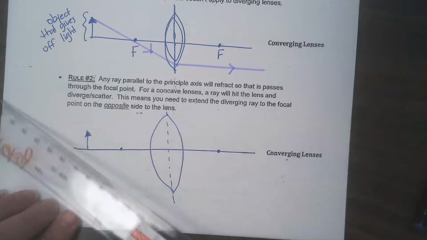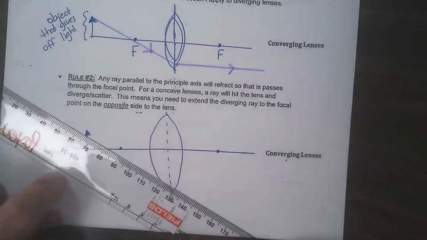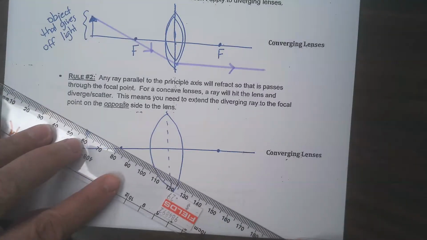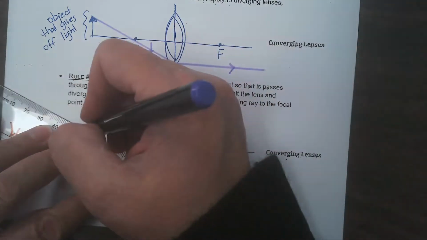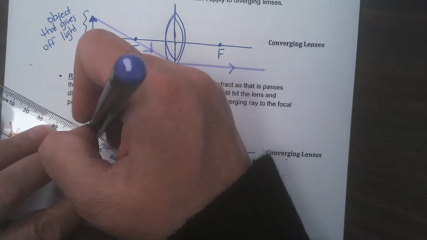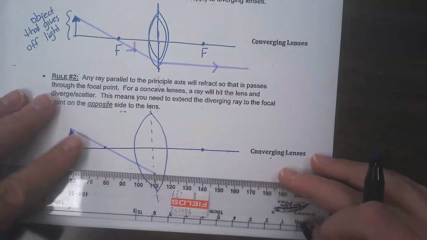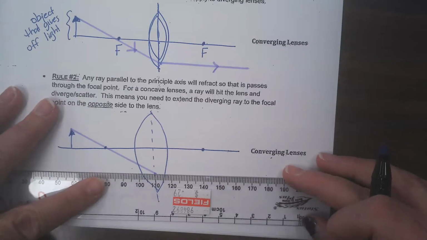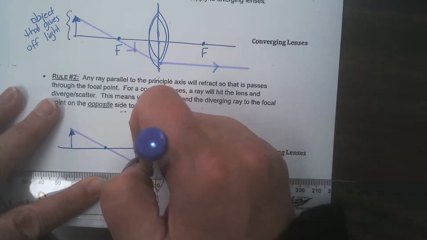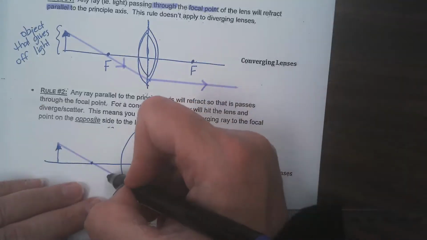I'm going to do step 1, where I go from the tip of the object through the focal point until I hit the principal plane, at which point I'm going to go parallel to the principal axis. Okay, that's step 1.